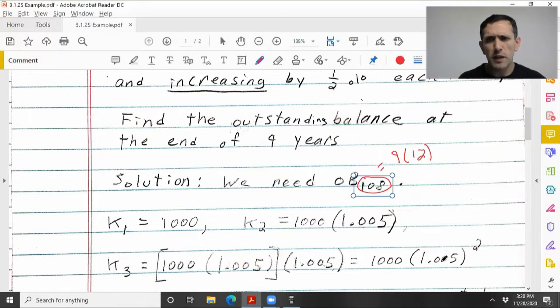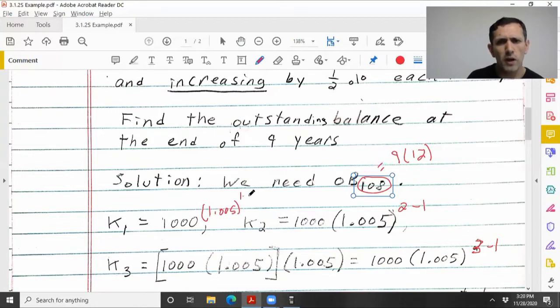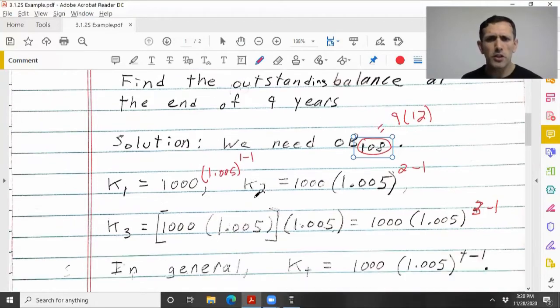K3 is 1,000 times 1.005 to the power 3 minus 1, which is the power 2. In general, KT, the payment at the end of the Tth month, is 1,000 times 1.005 to the T minus 1.